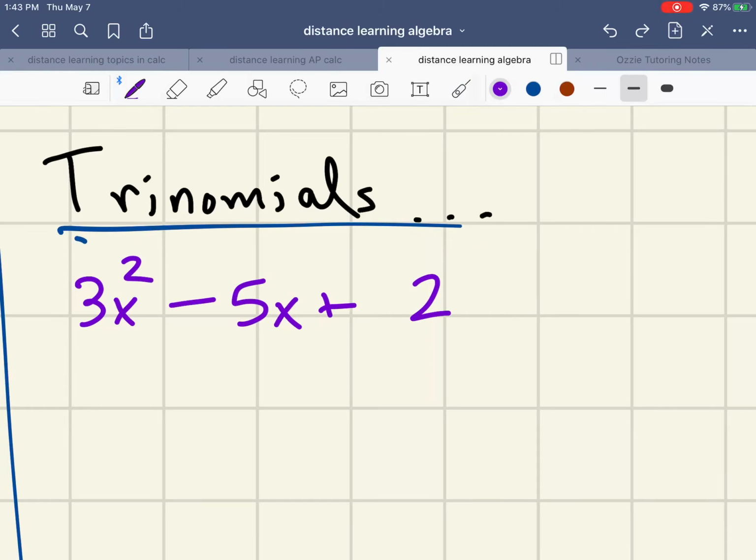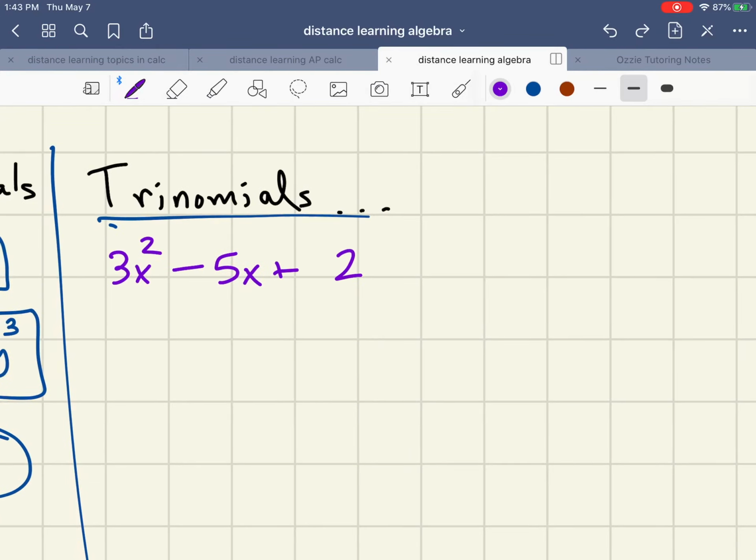Well, there's really whatever variable you want here to the 0 power. Oops, keep the 2. Another trinomial, 5x cubed plus 3x squared y plus 120 y to the third. So just 3 terms.